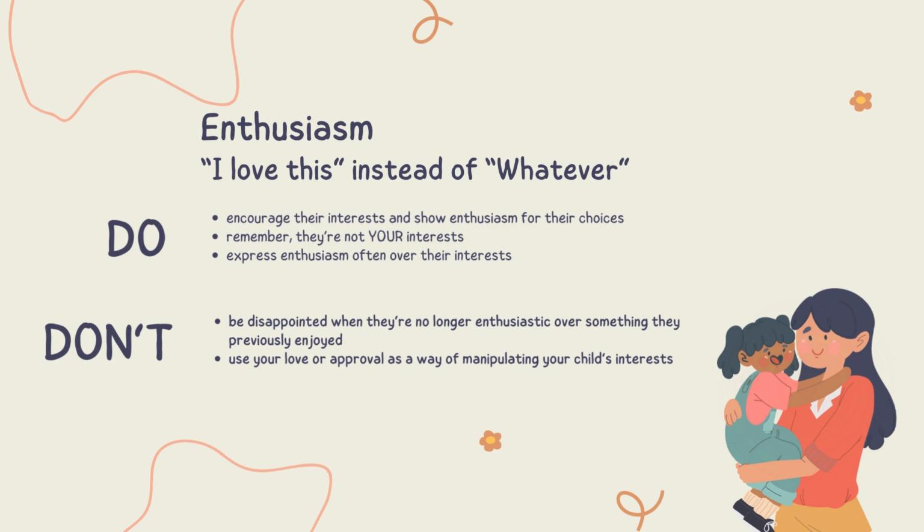We want to make sure that we're not shutting it down from the lack of our own interest in it. We can also have conversations with them about our own passions, things that we like, things that we're excited about, our hobbies, and this can help model that enthusiasm for them.